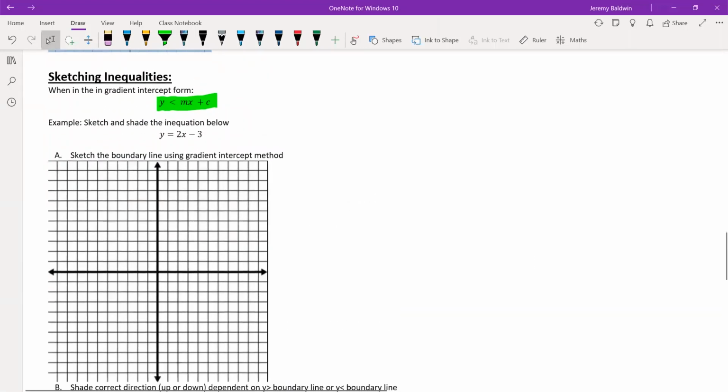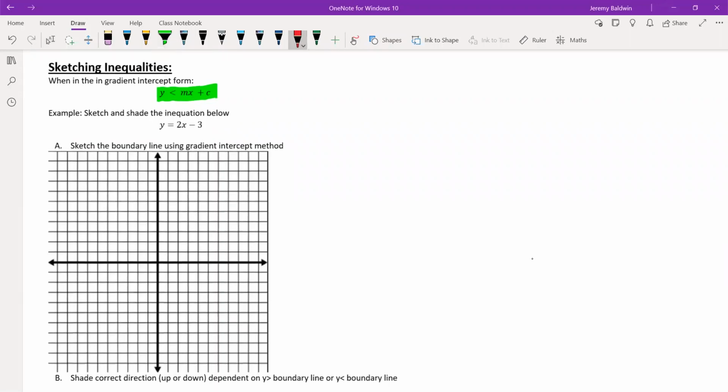So the first one here, if it's in this format, the easiest way to plot it is using the gradient intercept method, which is just identifying what the gradient is, which is 2, and the intercept, which is -3, and then plotting the line from there. So let's do that first. I'm not going to number the axis because that'll take too long. So -3 is the intercept, and the gradient is going up in 2s.